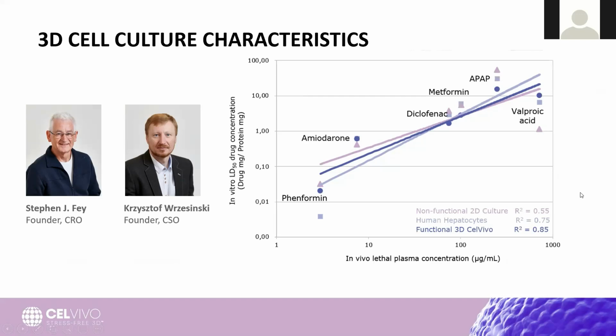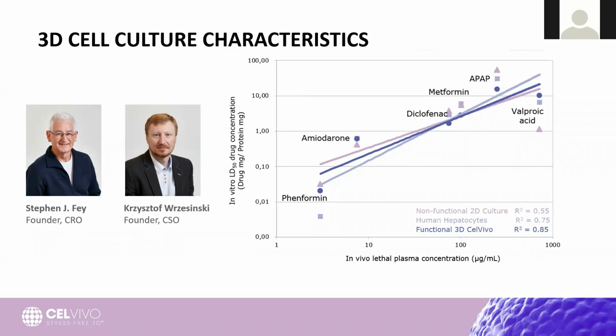But you can see when you compare the in vivo lethal concentration of these 6 common APIs, and you correlate it with the LD50 value of these drugs, in a normal 2D cell culture, it does a really poor job in predicting the in vivo plasma concentration. So it cannot be used to predict if a drug is toxic for a person.